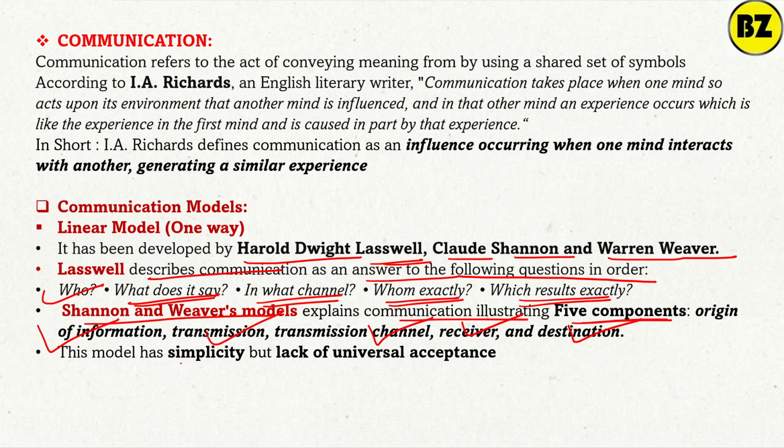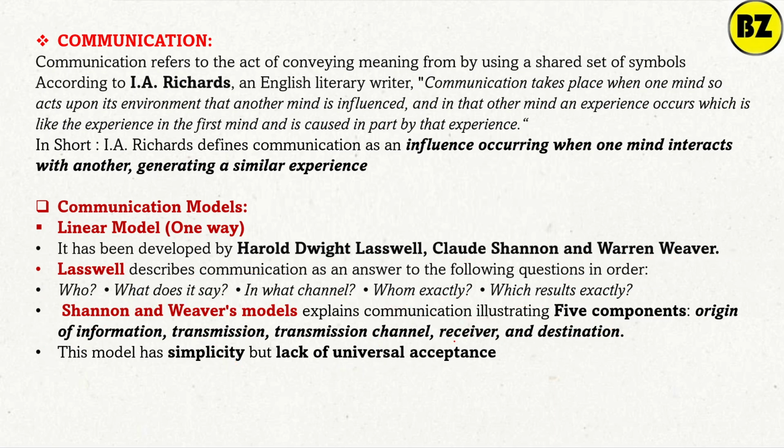So this model has simplicity but a lack of universal acceptance. See, it is not important about each and everything, right? But you should remember some overview. So what is communication? Linear model simply means one way communication.